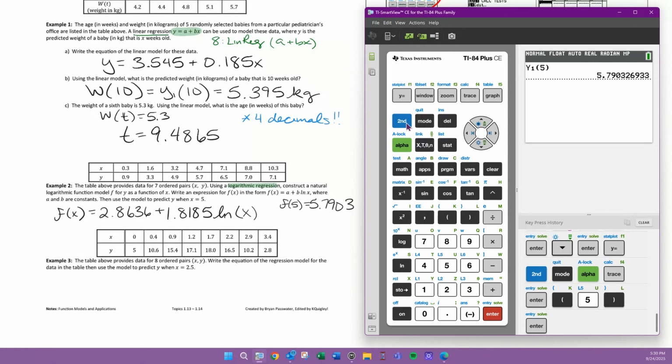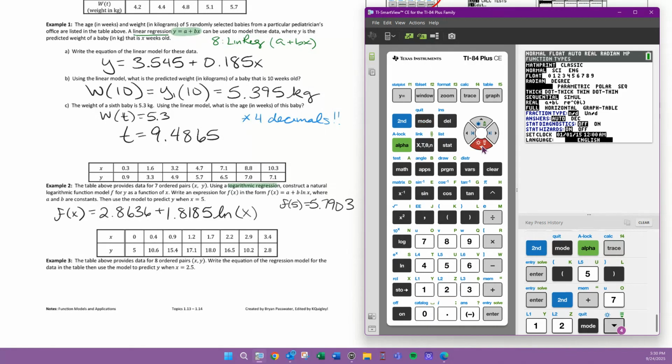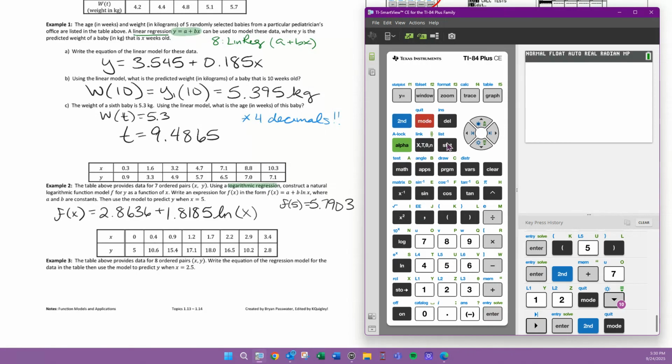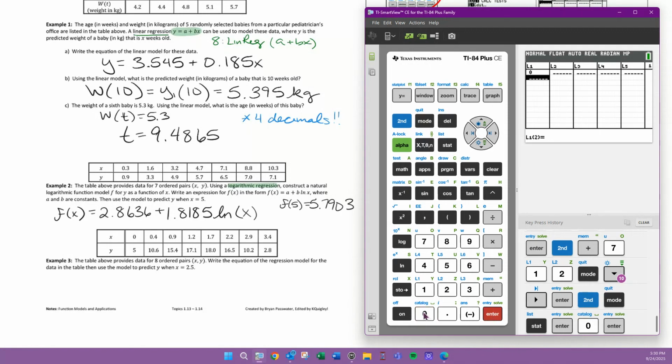We repeat. I'm going to clear my calculator to do the next example. Once I cleared it, I do have to go turn the stat diagnostics on. And I'm back to normal. I'm going to go to stat, I'm going to go to edit. I'm going to start typing in all of these coordinate points.